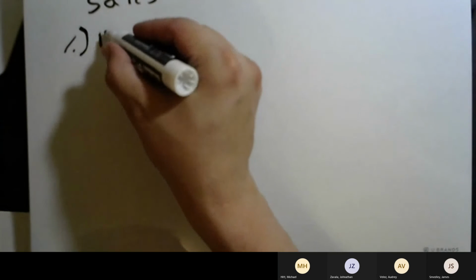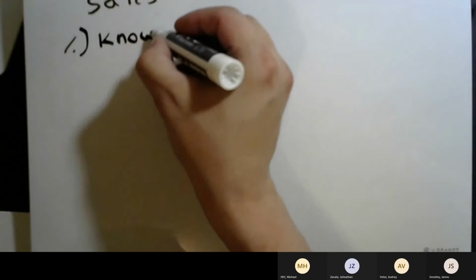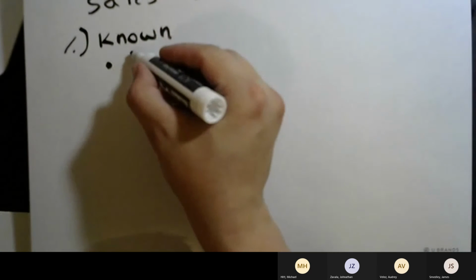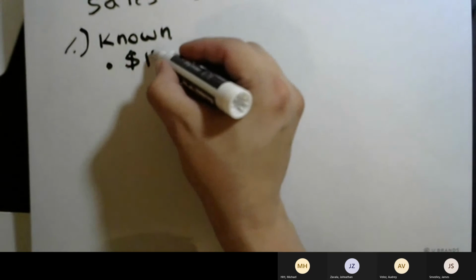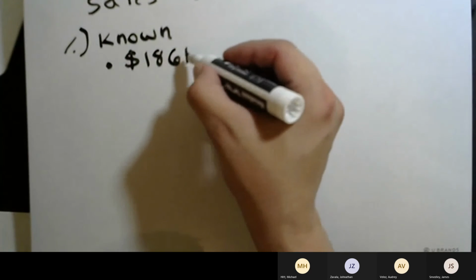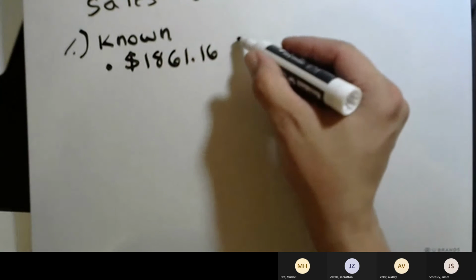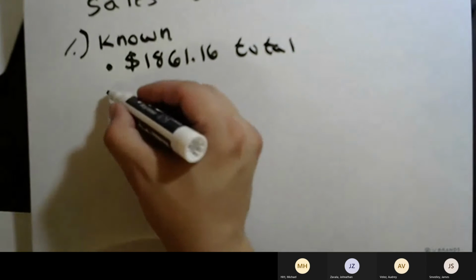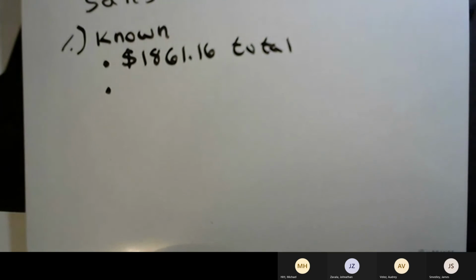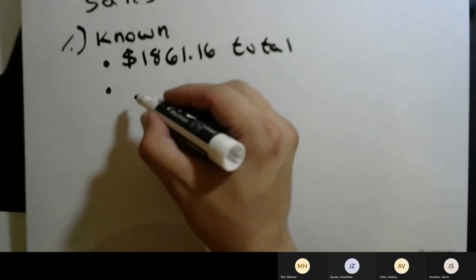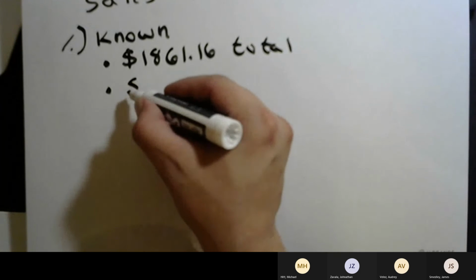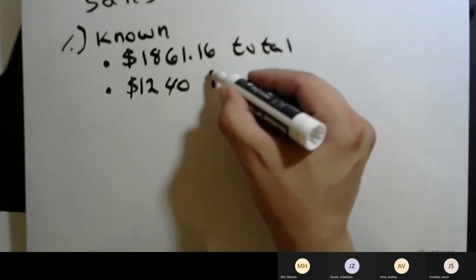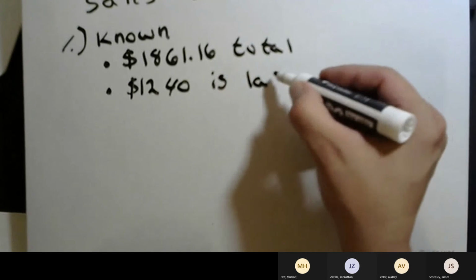So what do we know? Seems like we know a whole lot. It's overwhelming. Well, we know there's 1,861.16 total. We know that. We also know 1,240 is labor.